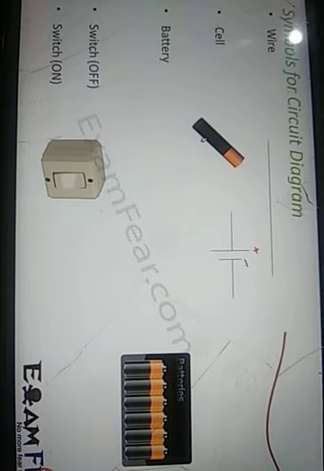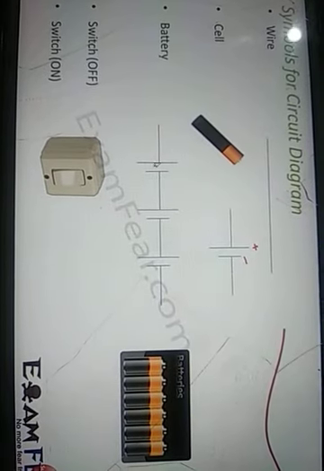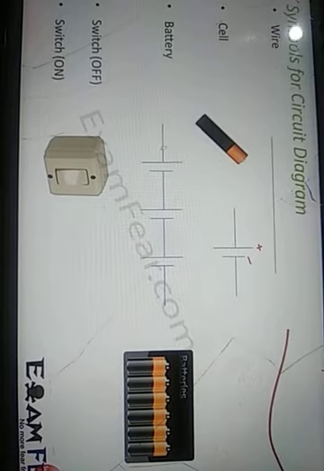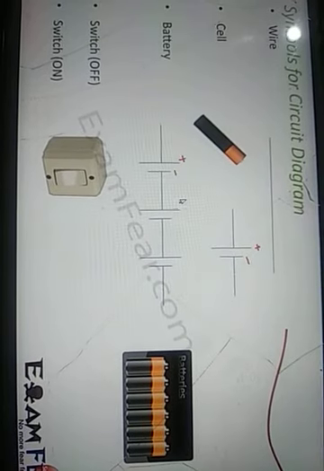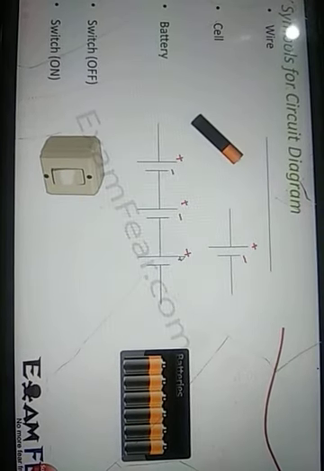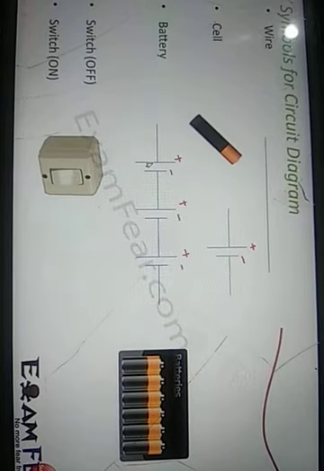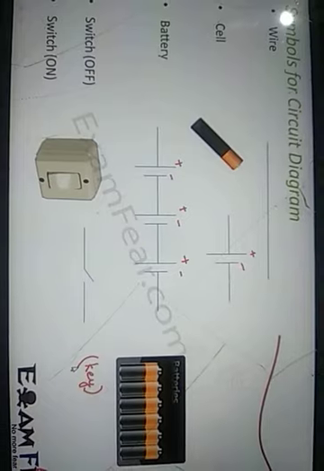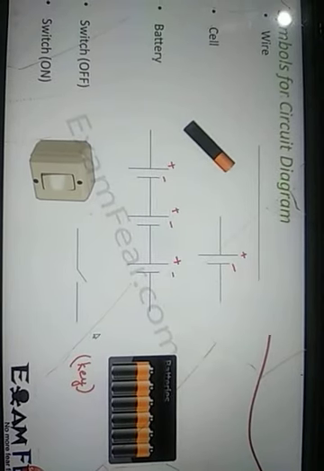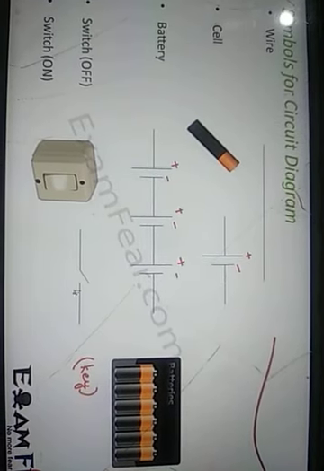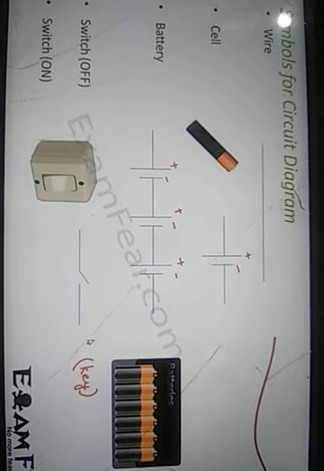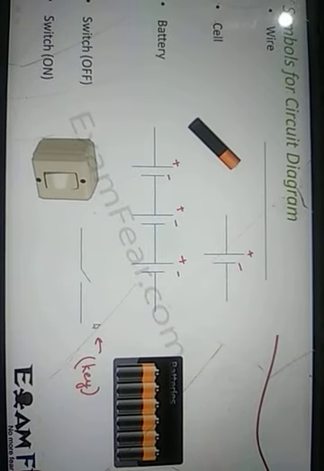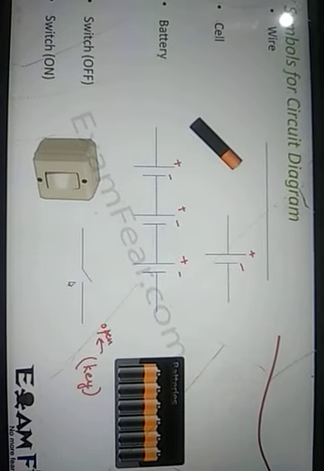When it comes to a battery, since it is a combination of cells, a lot of cells put together form a battery. Now the switch, which is also called a key in a circuit. When the switch is off, this is the off mode. We also say that the key is open.